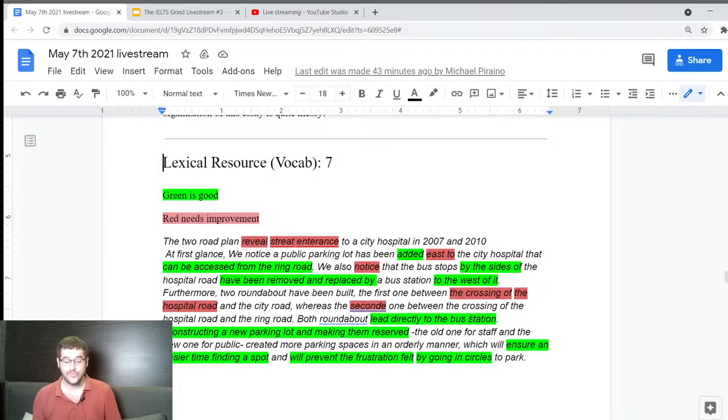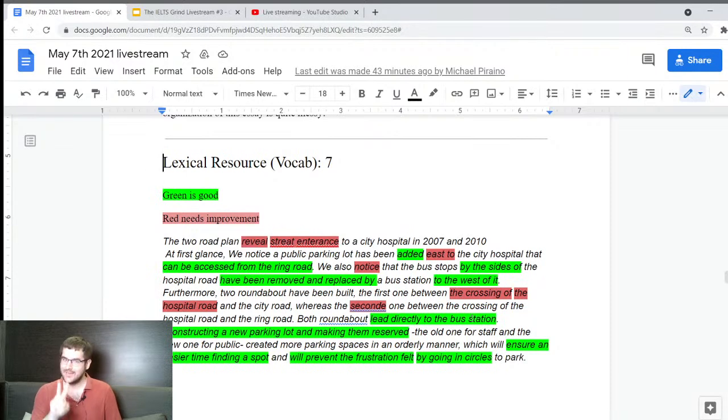So just to go over some of them, reveal is spelled wrong. Reveal is the wrong word to use here, but this is really the only time he makes this mistake. Street entrance is spelled wrong. East to, he should capitalize east, and then also the way that he used it is wrong. We'll look at this more in the grammar section.